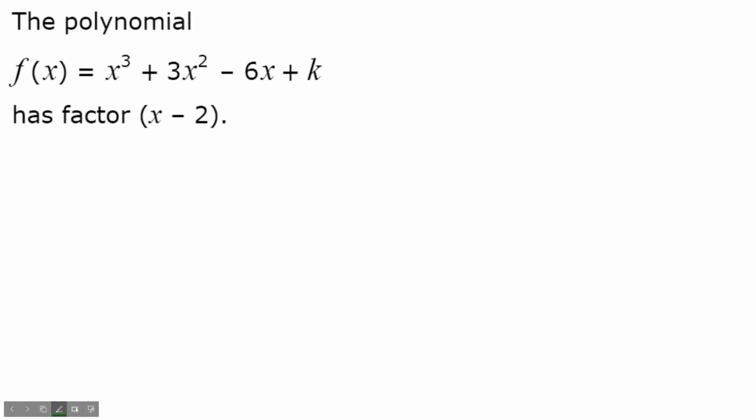What about this example? So for this one, we're told that the polynomial x cubed plus 3x squared minus 6x plus k has a factor x minus 2. So what is k going to be equal to? Well, what we're going to do is just substitute the solution for x into f of x, right?